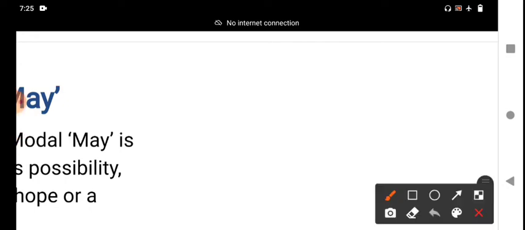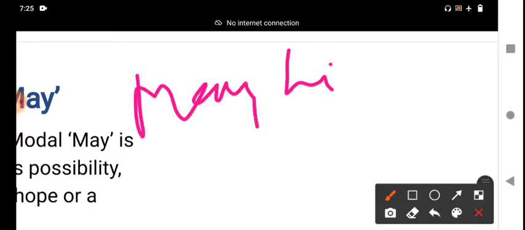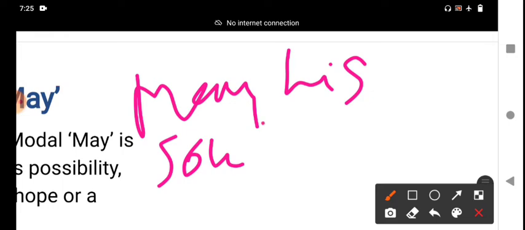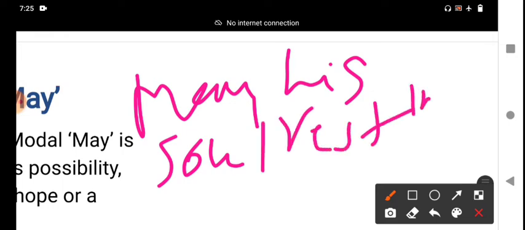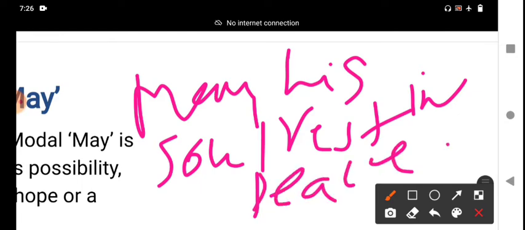For example, when a person has departed, people generally say, may his soul rest in peace.